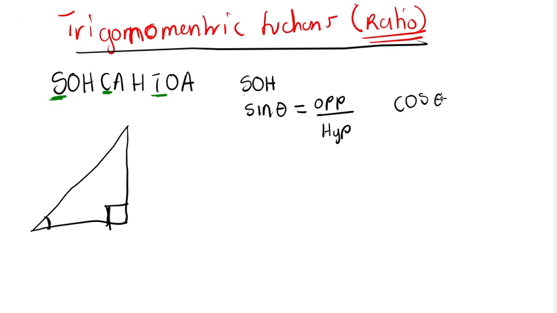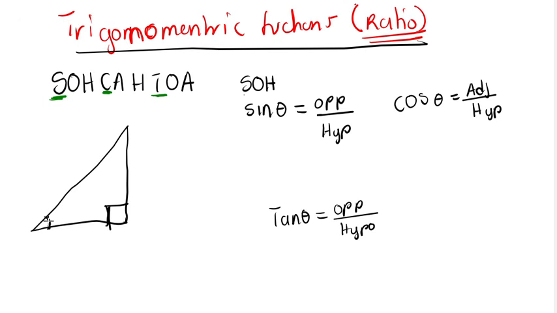When it comes to cos theta, it is adjacent over hypotenuse. Then when it comes to tan theta, it is opposite over adjacent, like that, right? So these are the main ratios or functions when it comes to trigonometry.